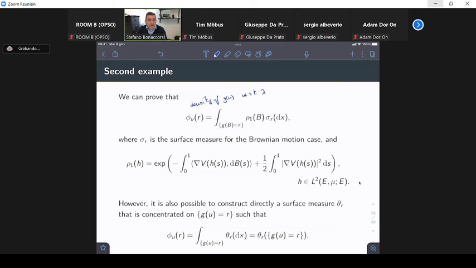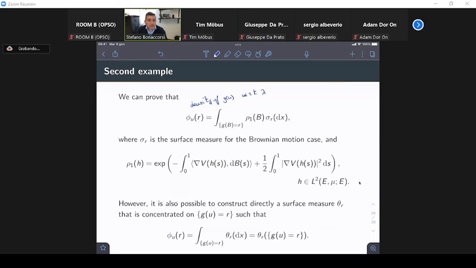I can compute this density by taking the integral on the level surface of the Brownian motion with respect to the measure described by the Brownian motion, with a density that can be given explicitly in terms of the potential function V. The explicit formula can be seen here, and I will not read it, but you see it's related to the Gaussian transform for our problem.